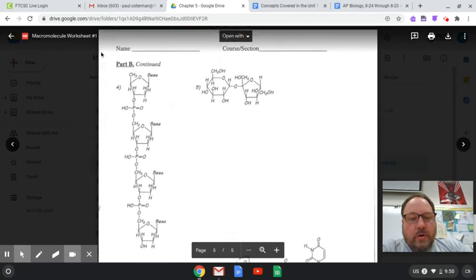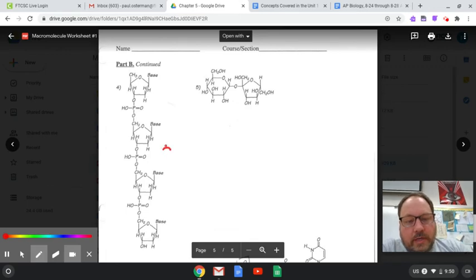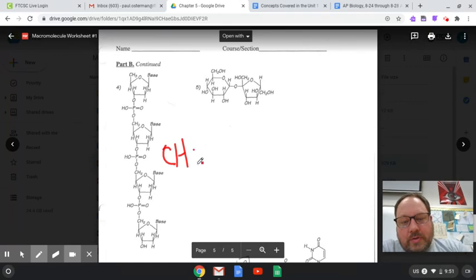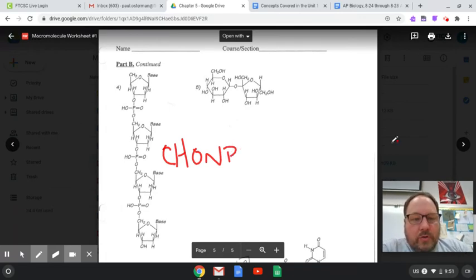Number four. Well, number four, we've got not CHON, but, well, I guess we could say CHON, because it mentions a base. You see your rings of carbon, so our carbon-based molecules.